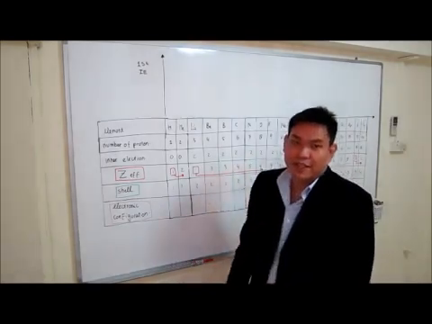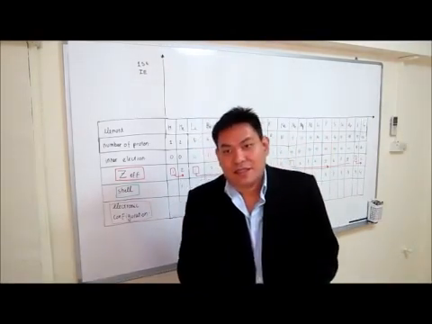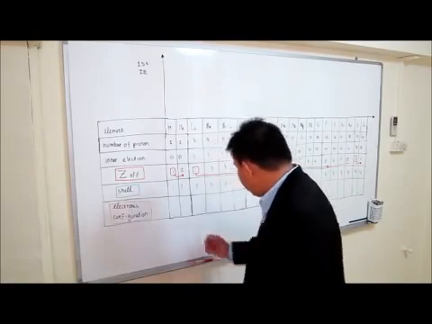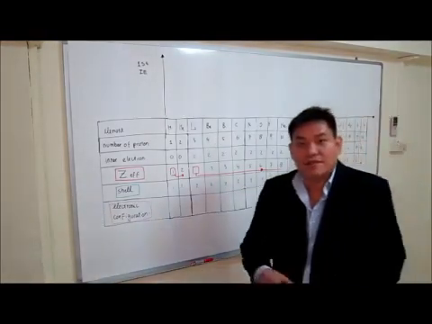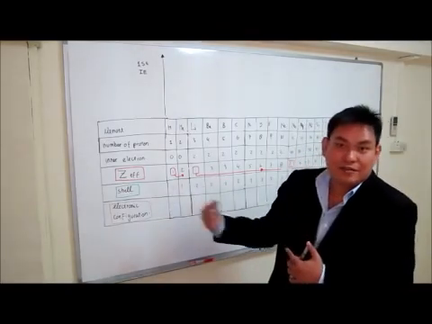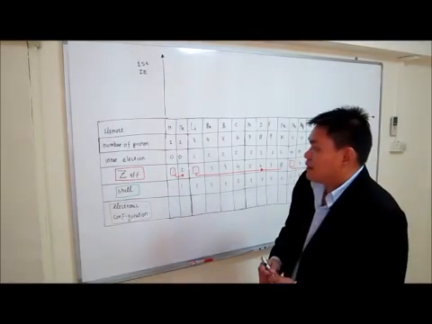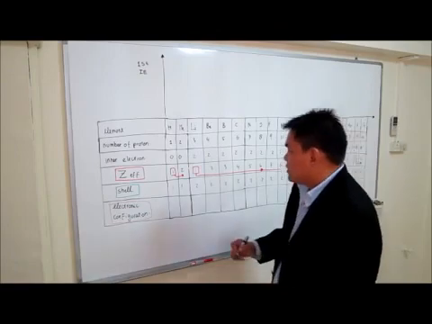How about the number of shells? Intuitively, it is very simple. The more shells you have, the farther away the electron is from the nucleus, then it's going to be easier.